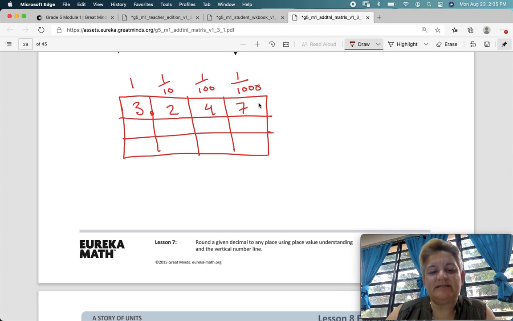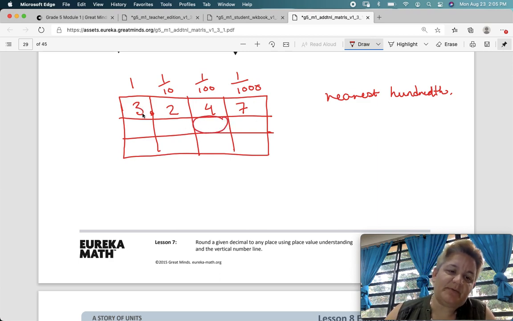And if I want to round this number to the nearest, let's say, nearest hundredth, that would be this place here, right? The nearest hundredth. So I'm going to look: 3 and 2, those are staying the same, the ones and the tenths. But now, am I going to stay with 4 or am I going to go up to 5? So I'm going to look at the next space, right? That's a 7. So 7 says go up. So I'm going to go up, right? So the nearest hundredth would equal 3 and 25 hundredths.